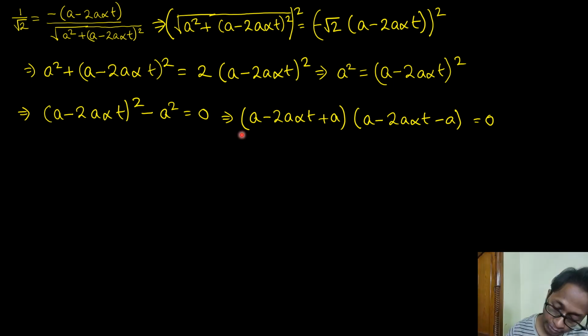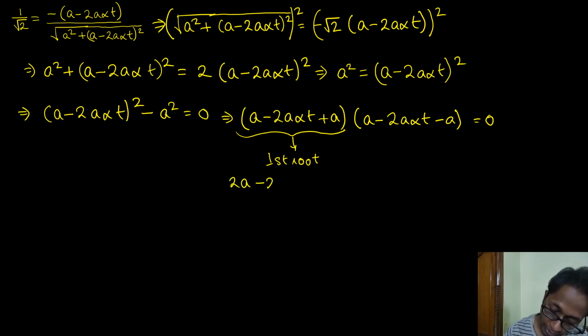First root will be coming from this one and the second root will be coming from this one. So let's take the first root. So a plus a is nothing but 2a minus 2a alpha t is equal to 0, or out here 1 minus alpha t is equal to 0, or t is equal to 1 by alpha.